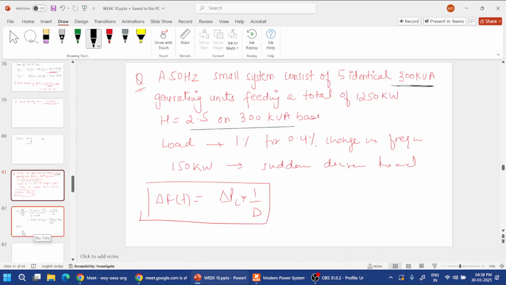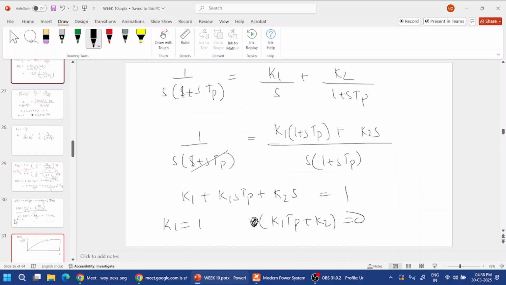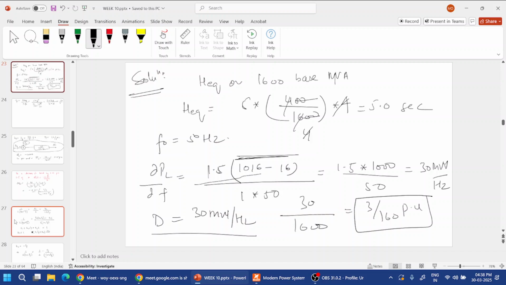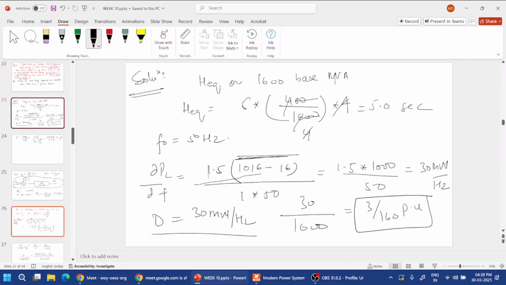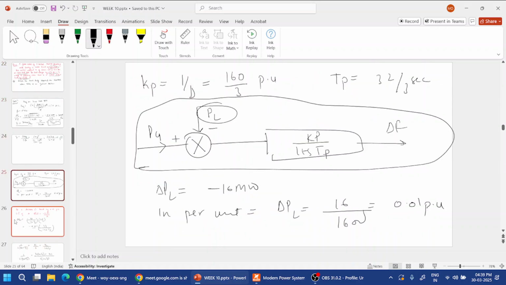So del F is equal to del PL upon D. What is the del PL? In the previous question, we calculated the del PL as 16 megawatt.